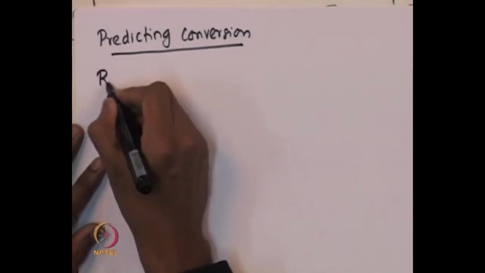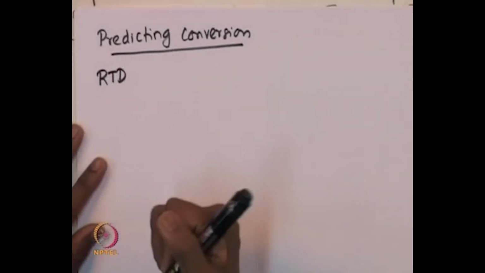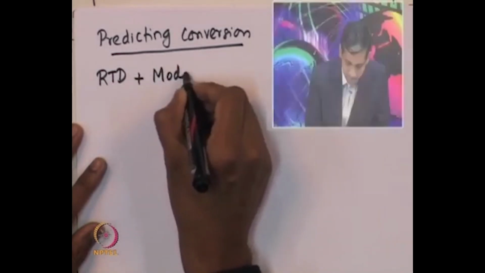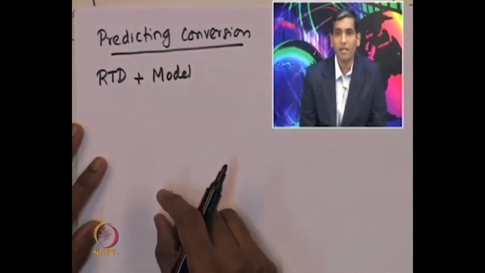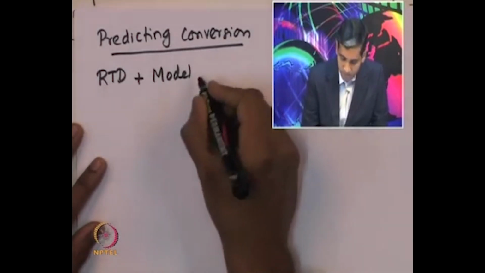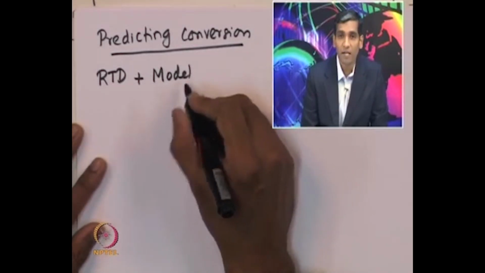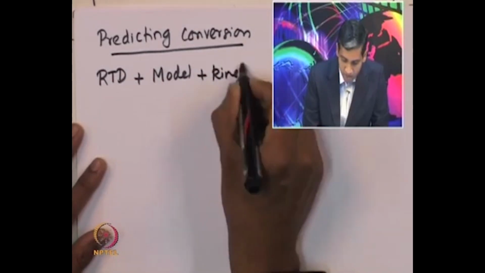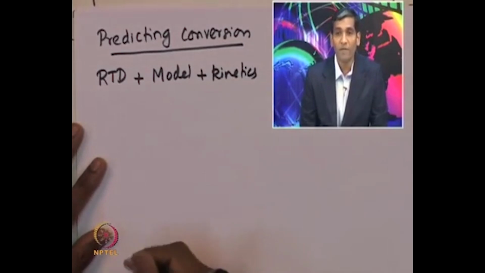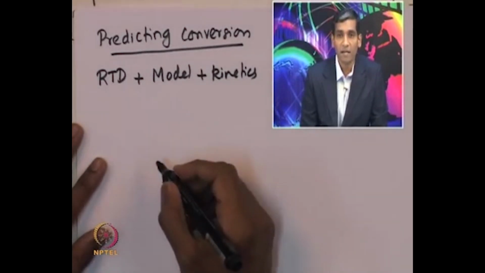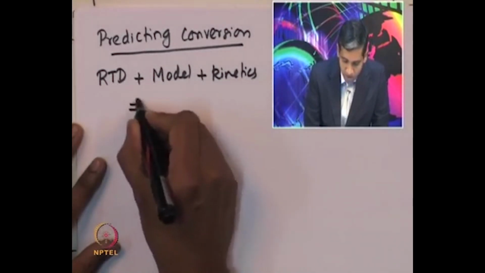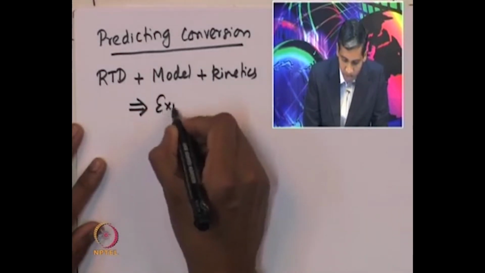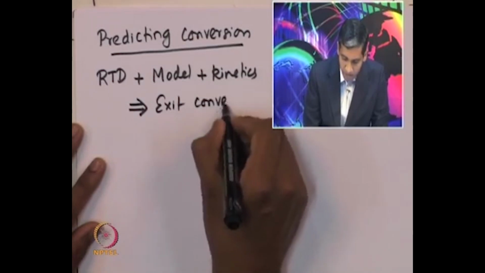One needs to know the RTD function, the model that represents the non-ideal reactor, that captures the process occurring inside the non-ideal or real world reactor, and the kinetics of the reaction that is being conducted inside the reactor. If we know this, then one can devise methods to find out the exit conversion of the species.